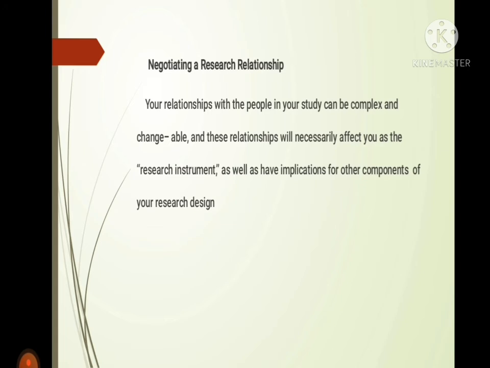Your relationship with the people in your study can be complex and changeable. That relationship will necessarily affect you as the research instrument, as well as have implications for other components of your research design. We also have to make decisions about sampling.